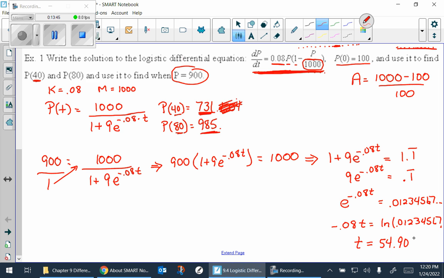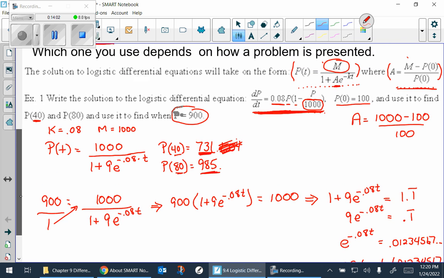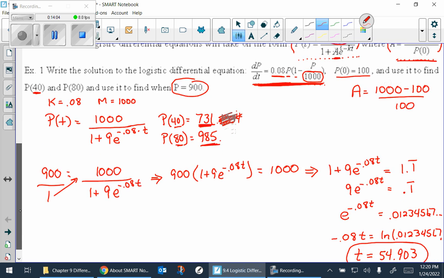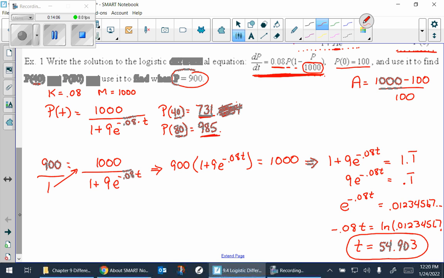Now this is a time, and so therefore I think that to have decimal places here is fine. And whatever the units for time were, I don't even know if that was even given to us. Okay. So that's how I would use this logistic differential equation.